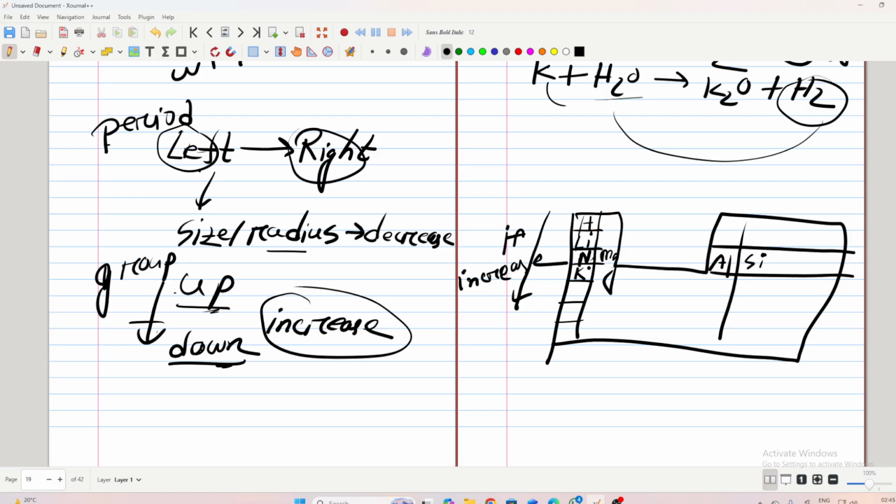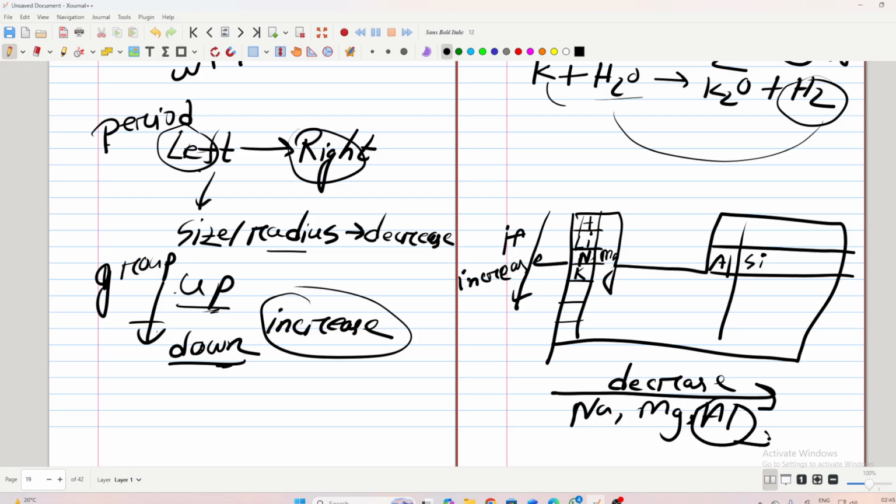So if you go left to right, sodium, magnesium, aluminum, in the same period, the size decreases. That means aluminum has the smallest size, and this is the biggest one.